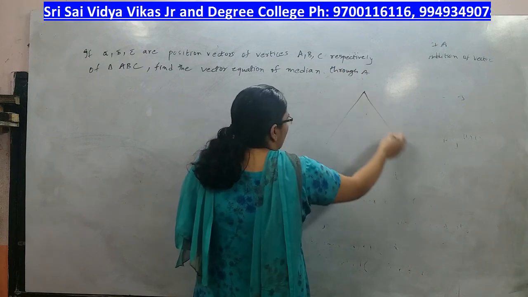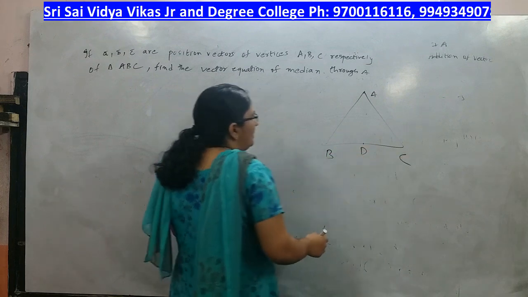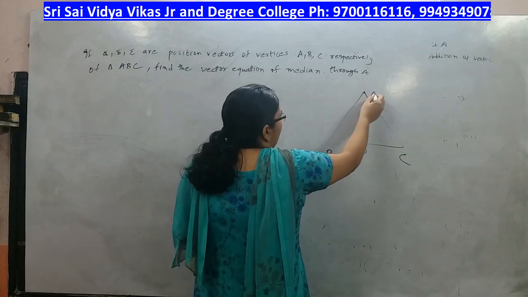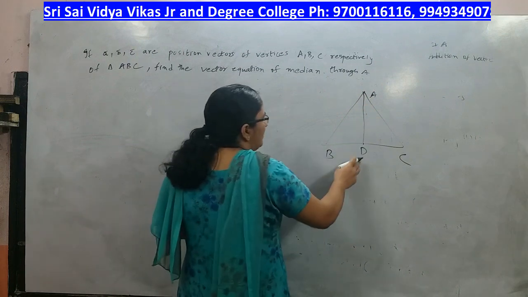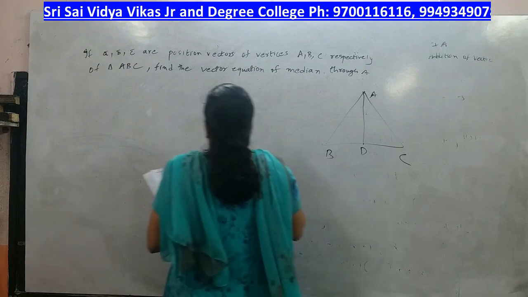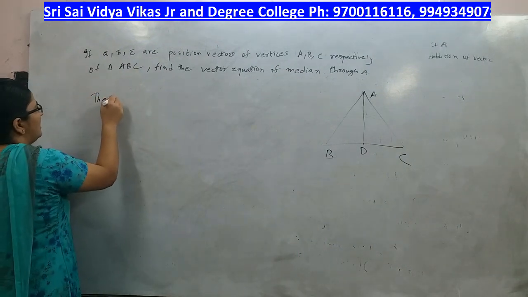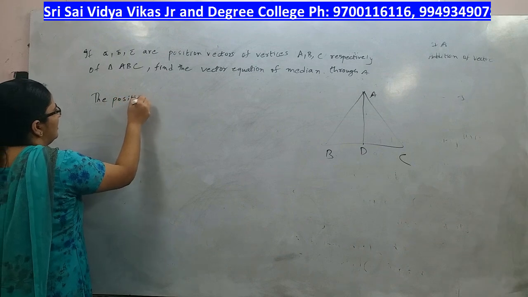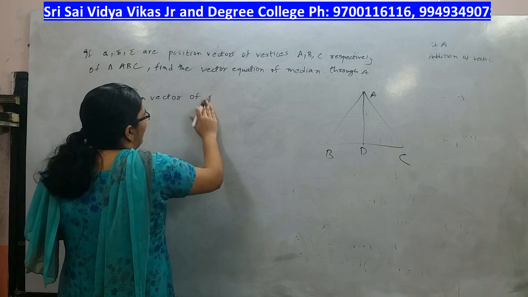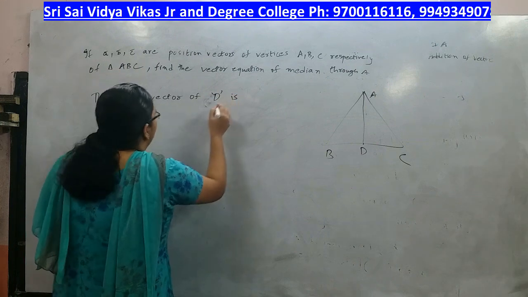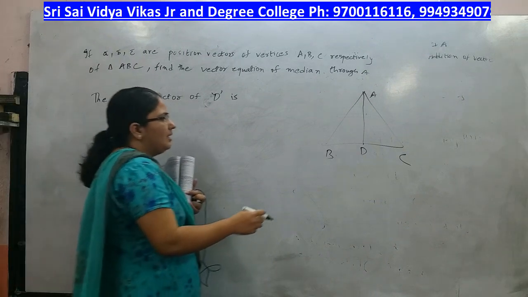So you are given a triangle. The triangle is ABC. Let us suppose D is the midpoint. You are drawing a line. This is the median, D is the midpoint. Now, the position vector of D is (B bar plus C bar) by 2, because this is the midpoint.